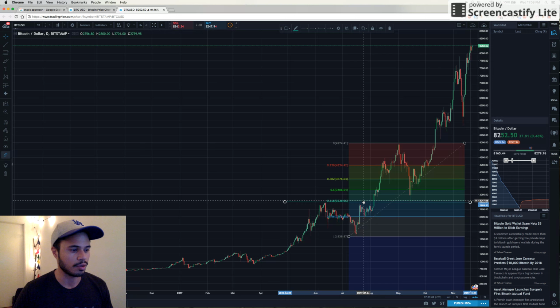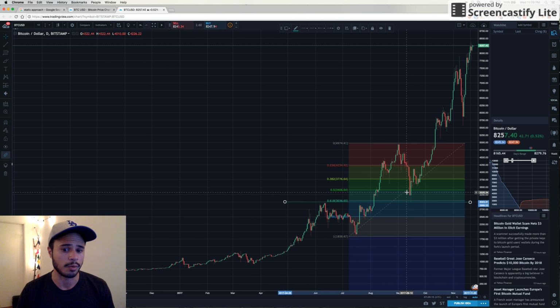So we broke through this level, and you want to be looking for areas of confluence, and confluence is just when a trend line, usually a support or resistance line, gets tested along with a fib level. So this is a good indicator that price might try to retest this level here.